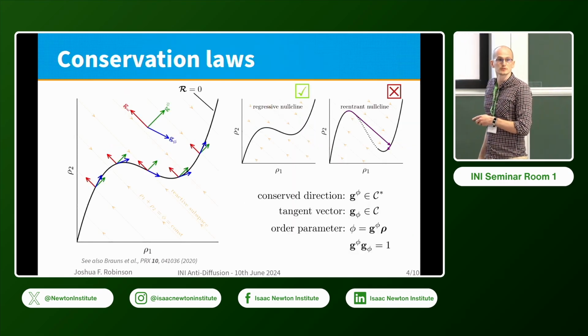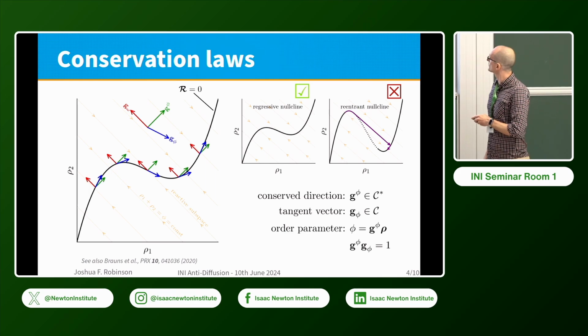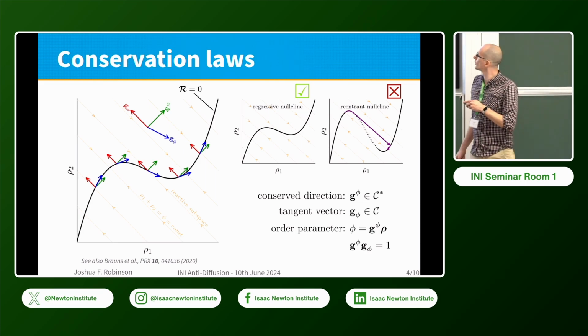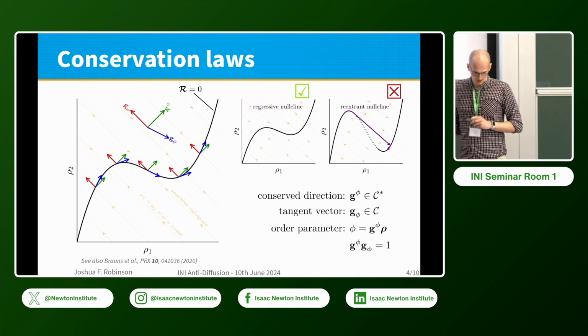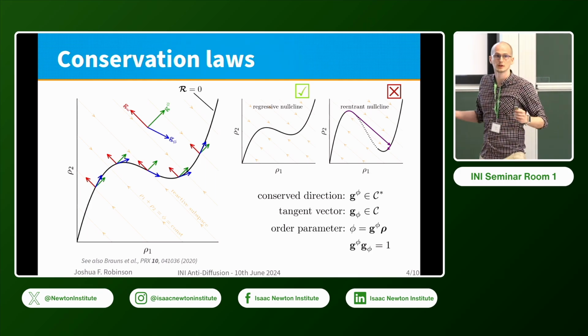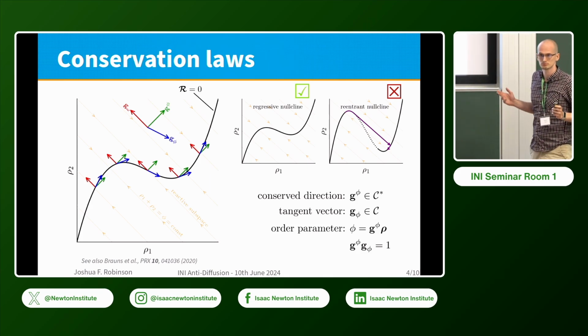This is a two-component system, and I'm just showing the phase portraits. These orange lines show a flux driving me towards some steady state. The collection of homogeneous steady states we're going to call the null line. There is no component of the flux in the direction of this green arrow, because I've imposed a conservation law.